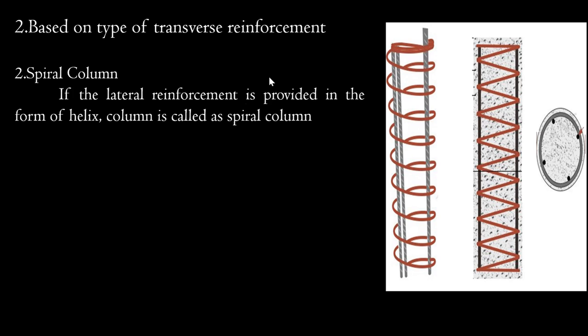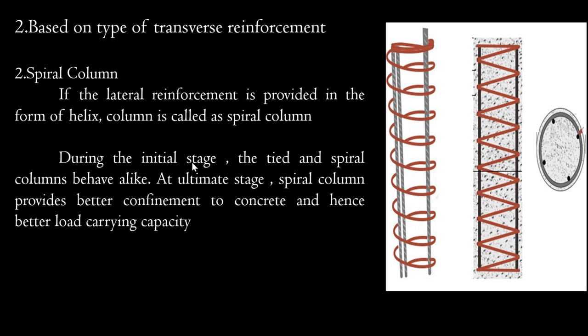The spiral column means if the lateral reinforcement is provided in the form of a helix, then the column is called a spiral column. The advantage of this column is that at ultimate load it can take somewhat more load than the tied column, approximately 5% more. During the initial stage, the tied and the spiral column behave alike.